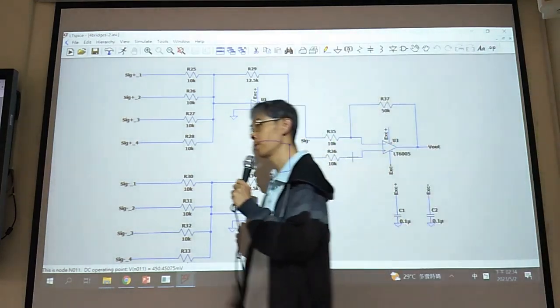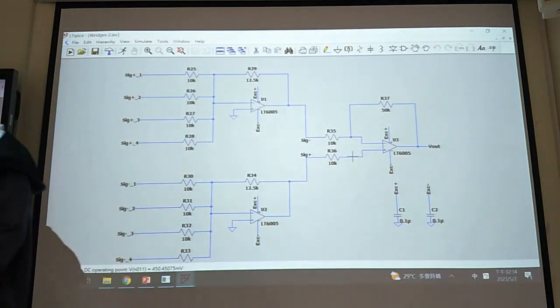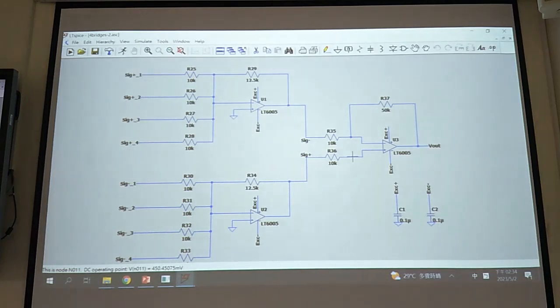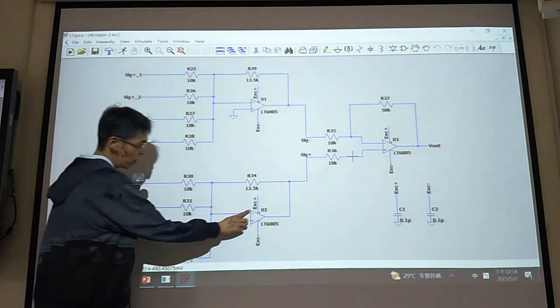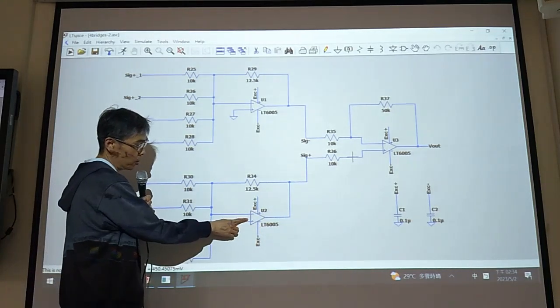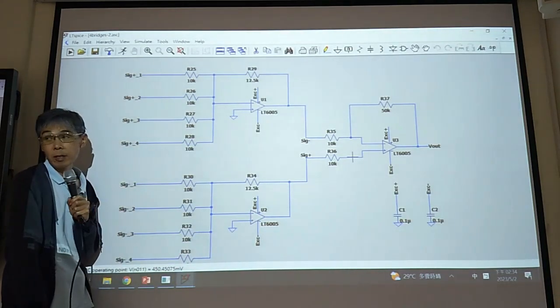So why do we have this 4.5 volt result? It should be 5 volt. The reason is about the input impedance, the buffering. The input impedance for this op-amp should be infinite.